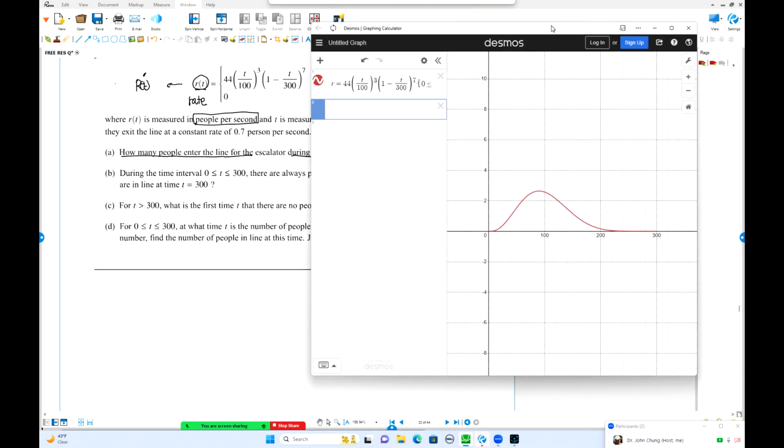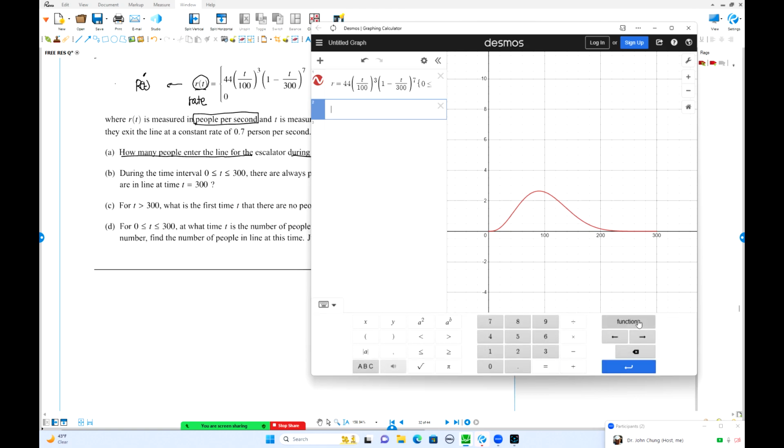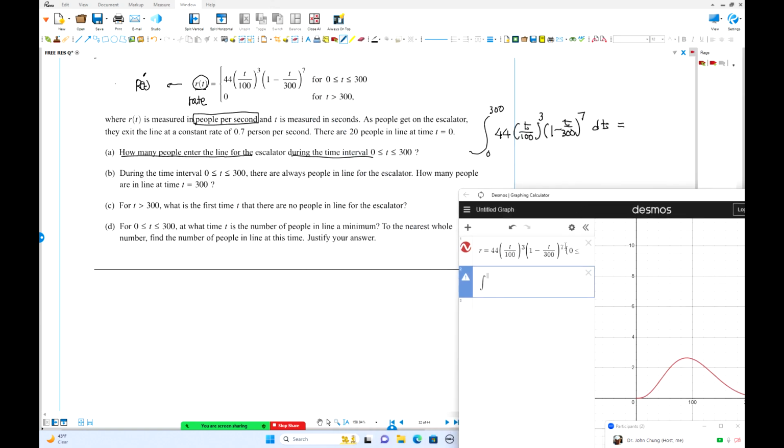I put the integral up here, during the time from 0 to 300 seconds, the sum of all people, then dt. The integral from 0 to 300, the total number of people, is 270 people.